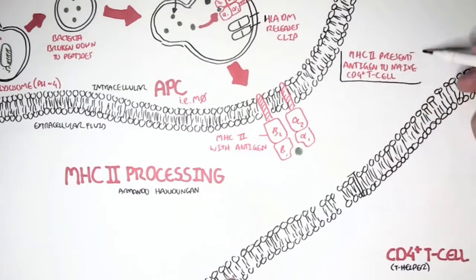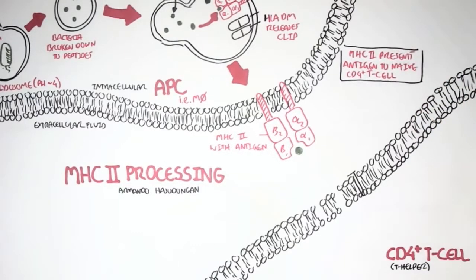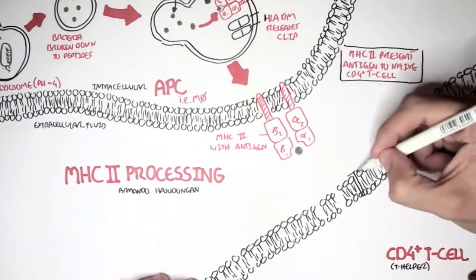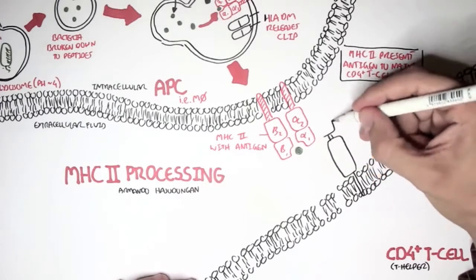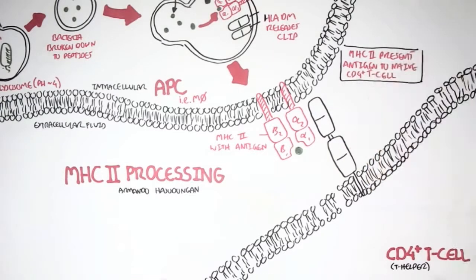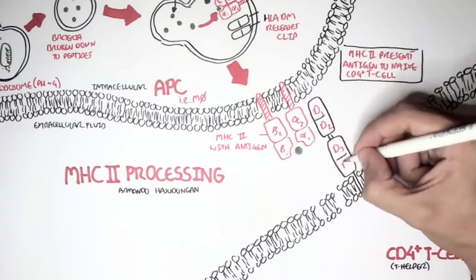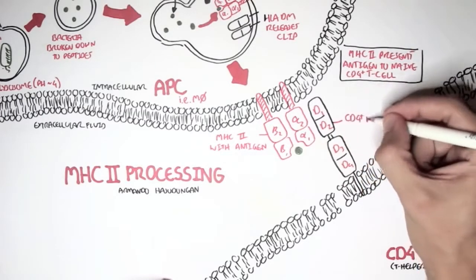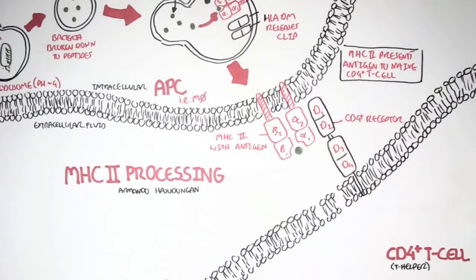What first happens is that a receptor called the CD4 receptor, hence it's a CD4 T cell, will check the MHC molecule. It will check if the MHC being expressed is an MHC class 2, because the CD4 receptor only recognizes MHC class 2.